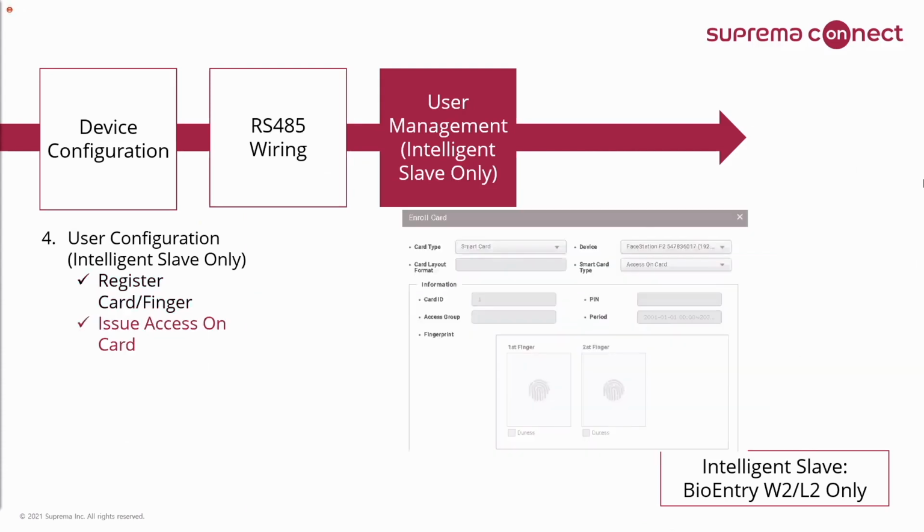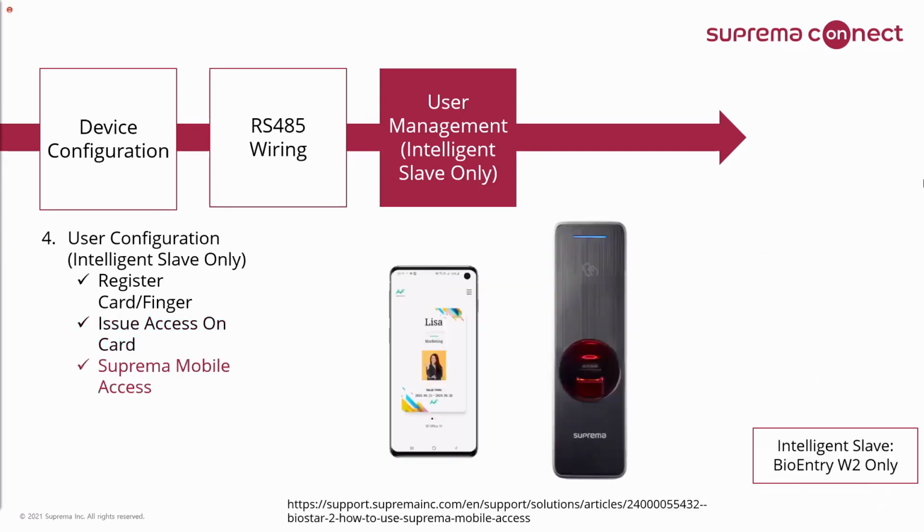If you need to use an Access on Card, you can issue an Access on Card through BioStar software. In addition, Suprema Mobile Access is also available. For more information on how to use it, refer to the Suprema technical support site document.